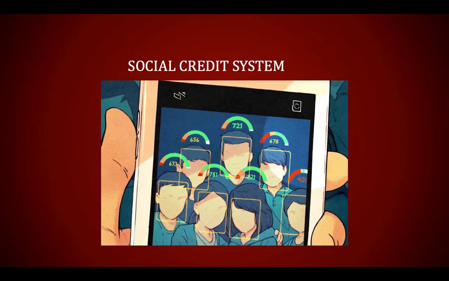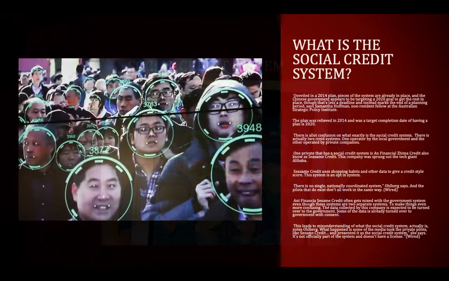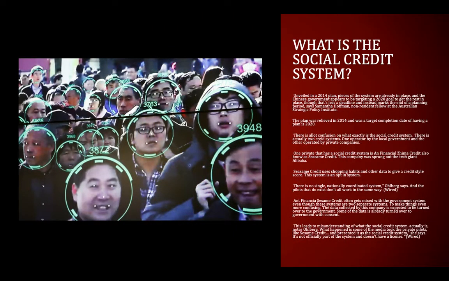Now we need to get to the social credit system, the controversy that's been all over the news. All right, what is the social credit system? Unveiled in a 2014 plan, pieces of the system are already in place, and the Chinese government appears to be targeting a 2020 goal to get the rest of the system in place.